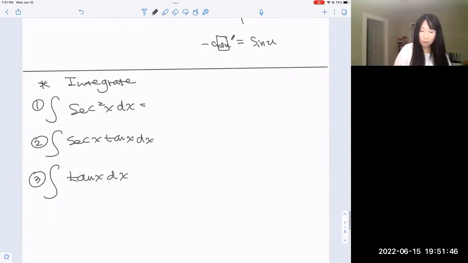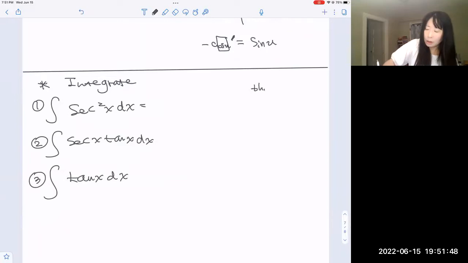Number one. So think antiderivative. What's the derivative that will make secant square x?